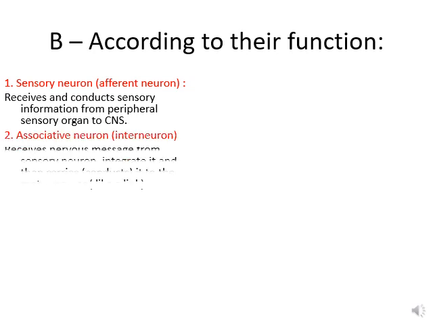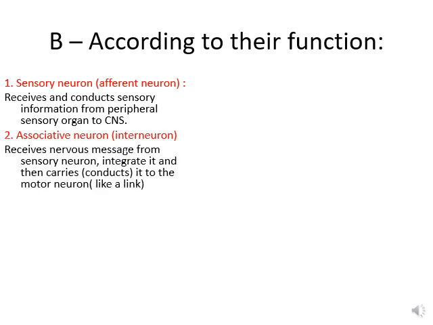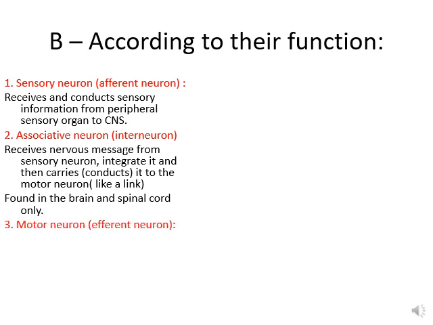Then the associative neuron, or interneuron, receives the nervous message from the sensory neuron, integrates and analyzes it, and then carries the message toward the motor neuron. So this one is like a link. Mainly it's found inside the brain and the spinal cord.